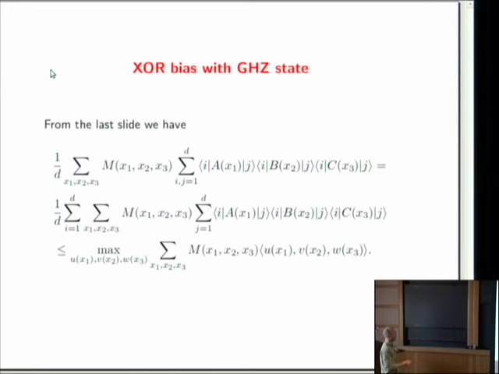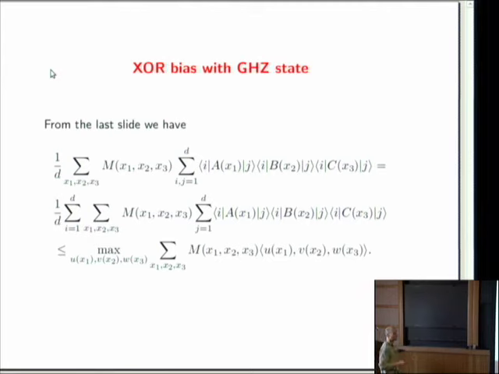So what I have here is a convex combination of the correlation of M with the generalized inner product. That's going to be bounded by the maximum choice of unit vectors, since these are unitaries, so each row is just a unit vector.